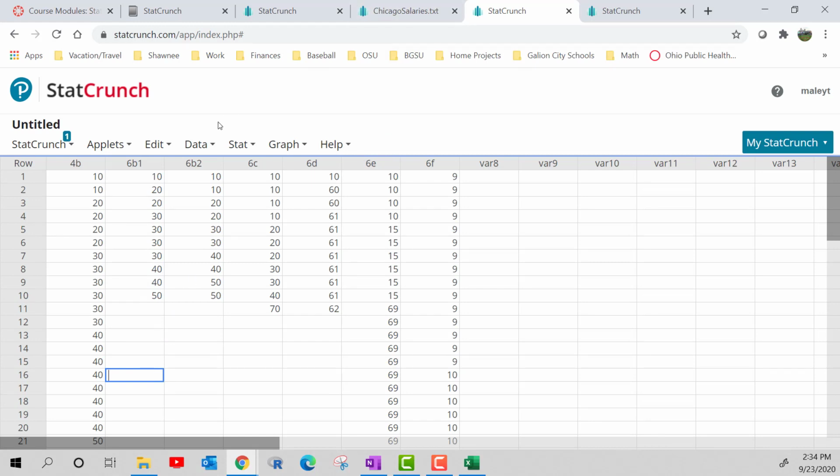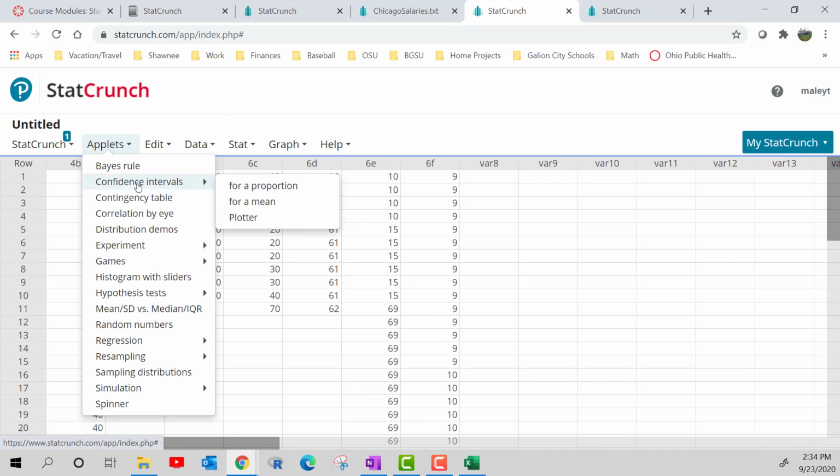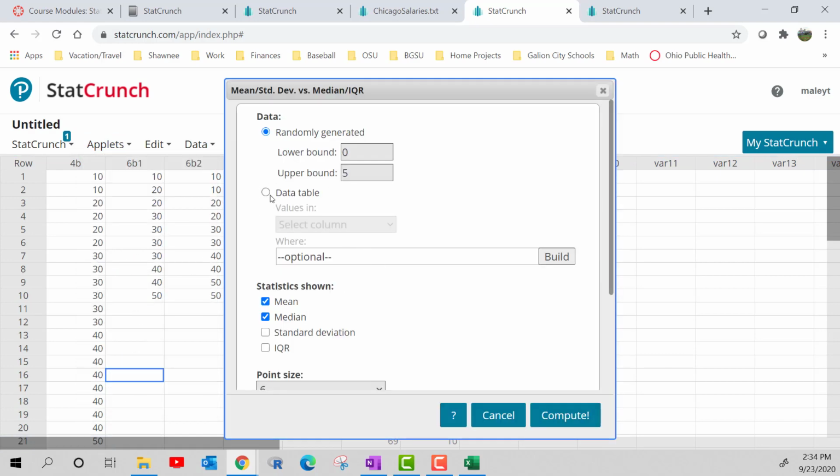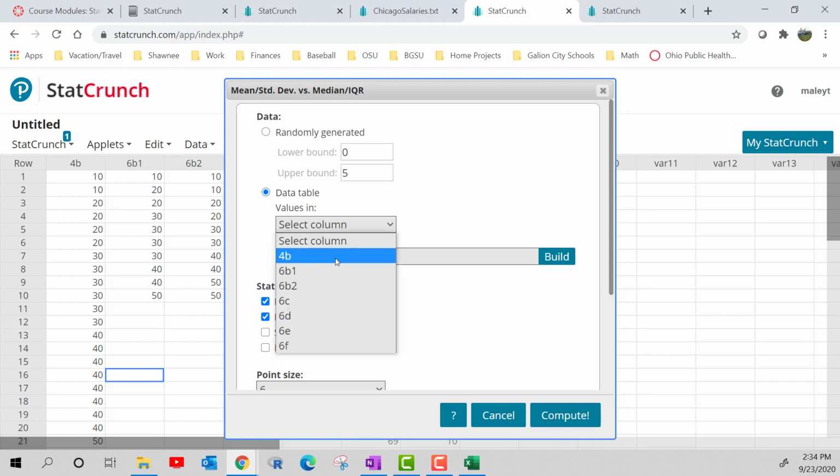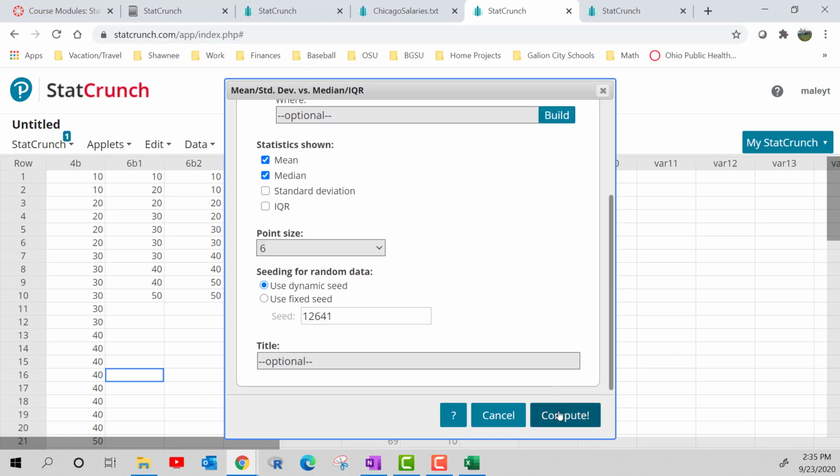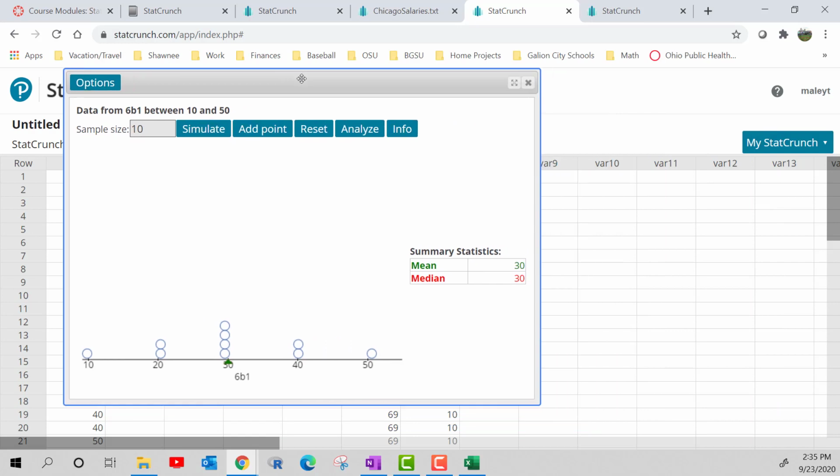So if I go to the applet again and go to the mean deviation, I'm going to pick things from the data table. I want 6b1. I'm going to hit compute. You can see this is a dot plot, the distribution shape, and the mean and the median are both equal to 30, right?